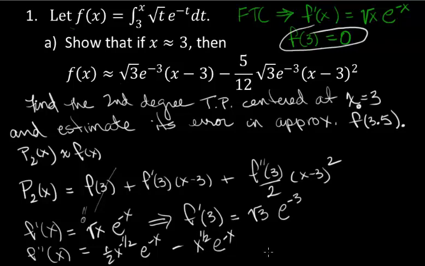So you need to take f double prime at 3 and just do this on scratch paper. F double prime of 3 does turn out to be minus 5/12 times the square root of 3 times e to the minus 3. That'll take a little bit of simplification, but you go ahead and plug in 3 and that's what you'll get.